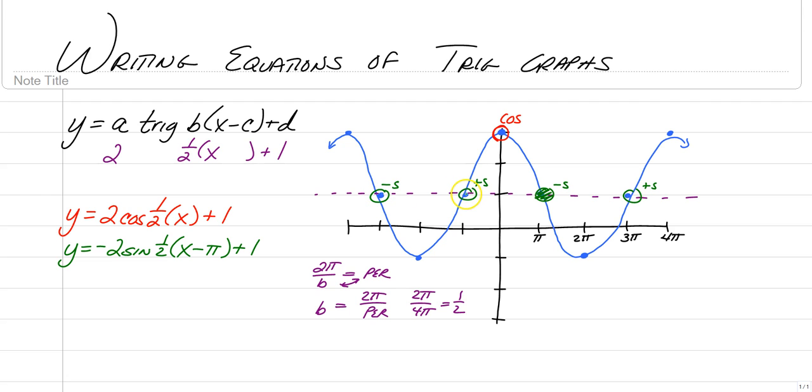We could have done this guy for a positive sine, x plus pi. We could have started with this guy down here and did a negative cosine and did an x minus 2 pi. So after you figure out the amplitude, your vertical shift, and your b value, you just pick a point, and then that will determine if it's positive or negative, sine or cosine, and what your horizontal shift is.